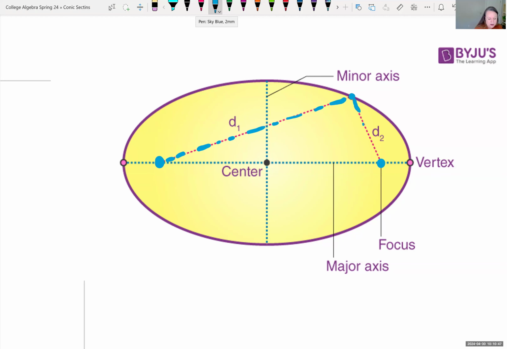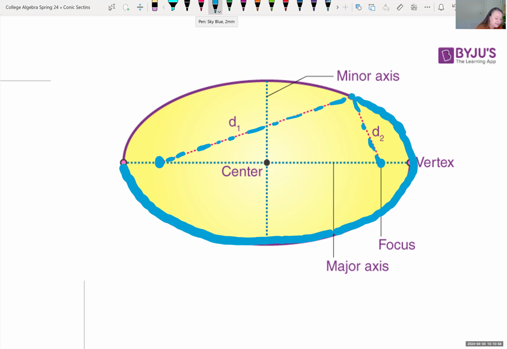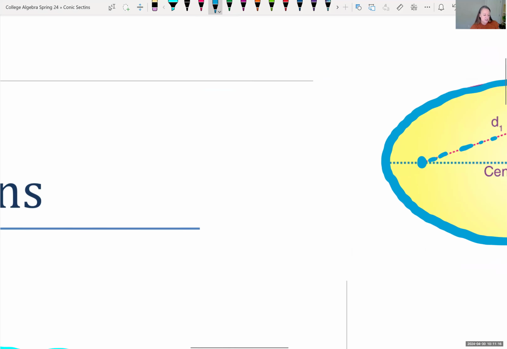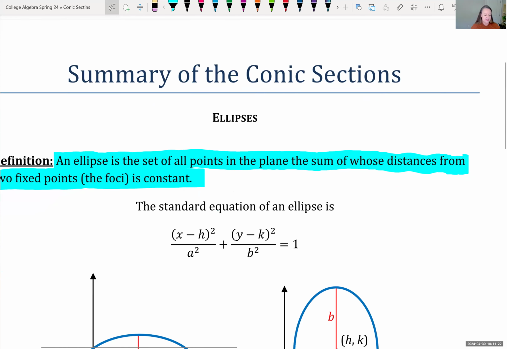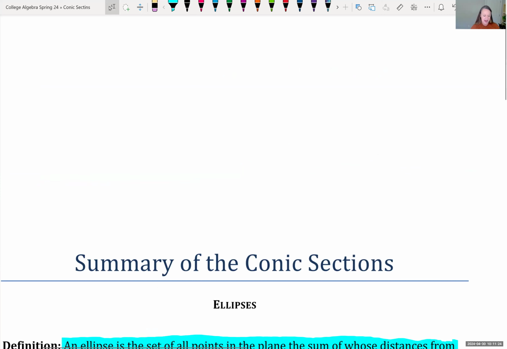And as we move this around, it's going to give us the shape of the ellipse. The sum of those distances is the same length. It's the same constant. So no matter where we pull that string, d sub 1 plus d sub 2 is going to be equal to the same value. That is not going to help me so much with graphing these, but that is the definition of an ellipse, just so that you have it.